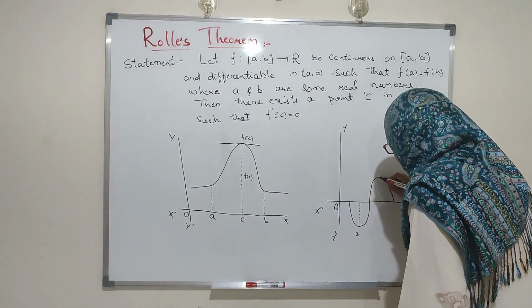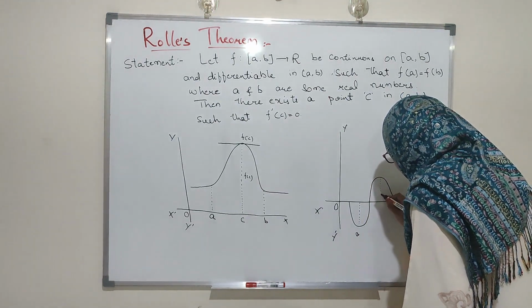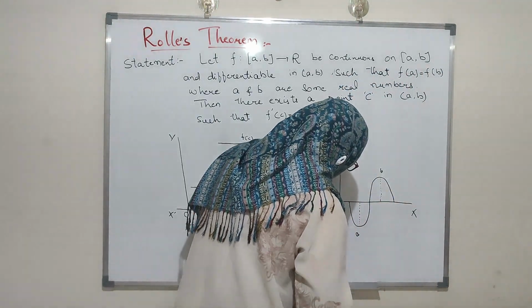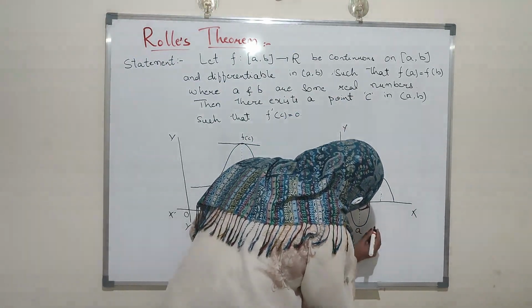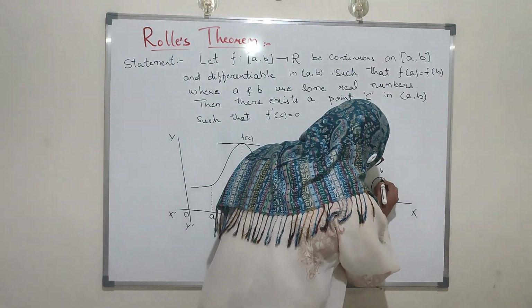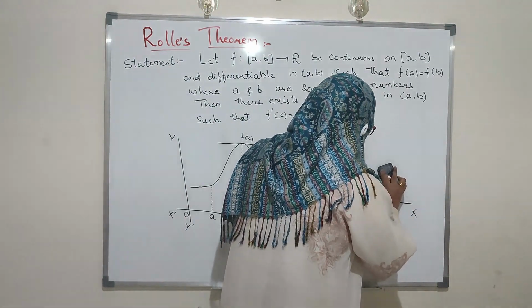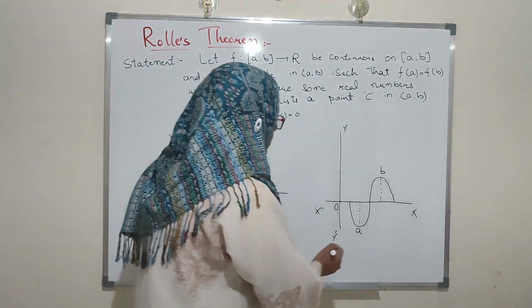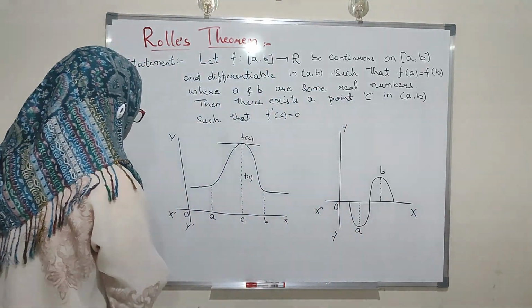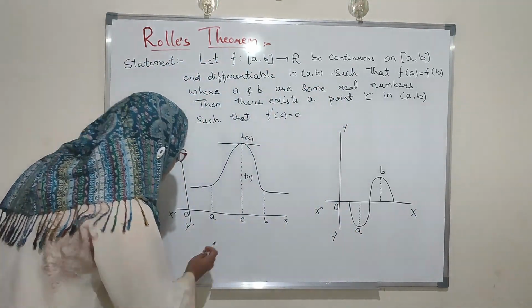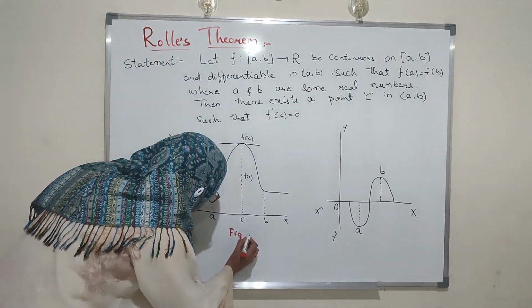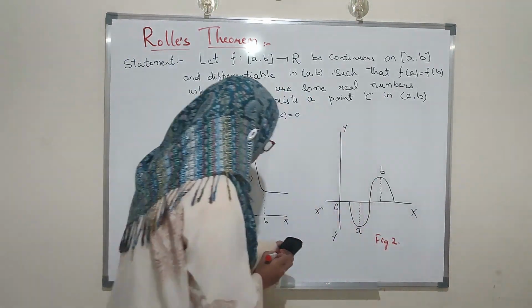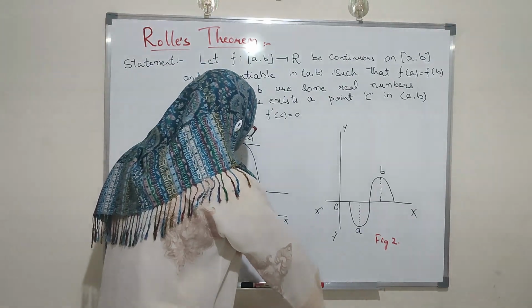This one is point A, this one is point B. Name these as figure 1 and figure 2. Okay, see here.